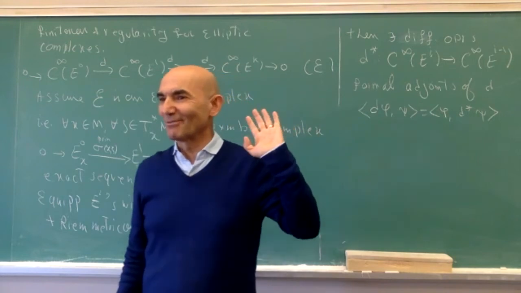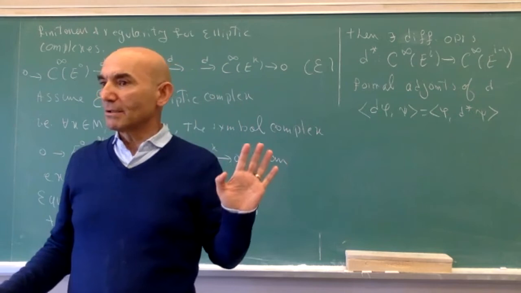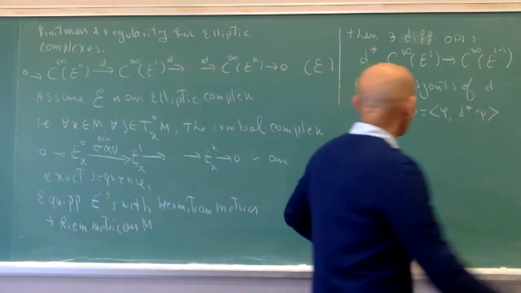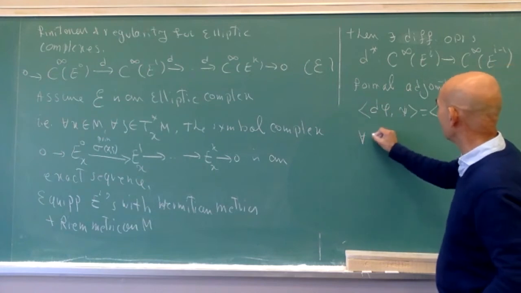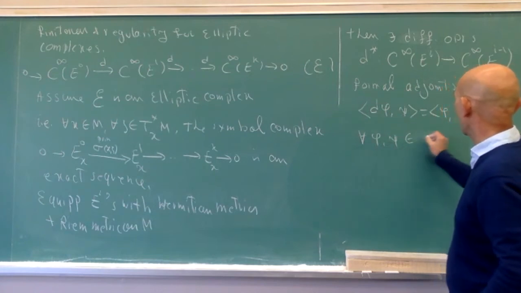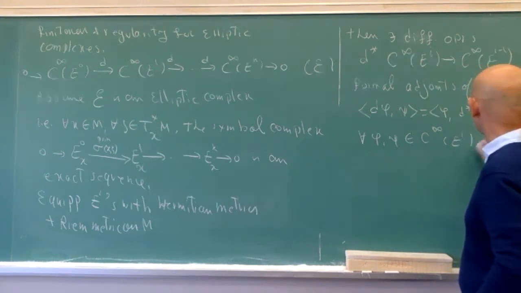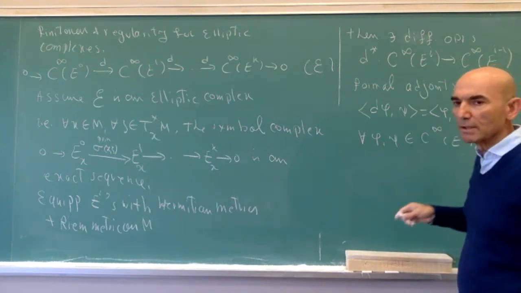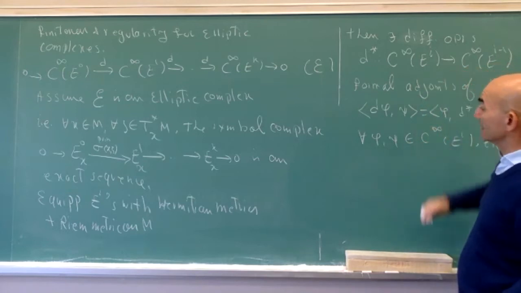It doesn't exist from L2 to L2. But you don't need Sobolev space theory either. Let me be more precise. For any phi and psi belonging to C infinity of E_i, or E_{i+1}, etc., you can just work on this level and prove this statement.